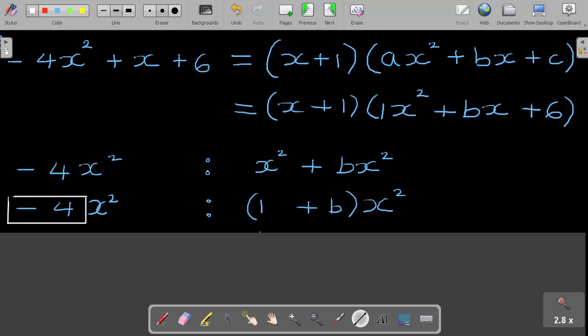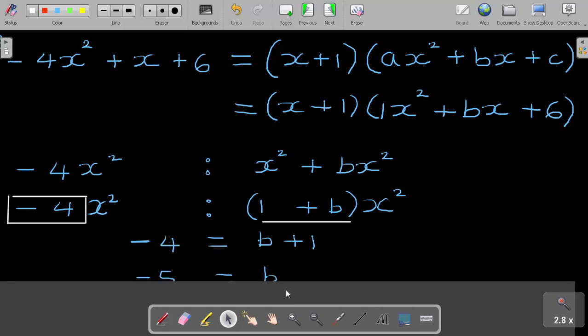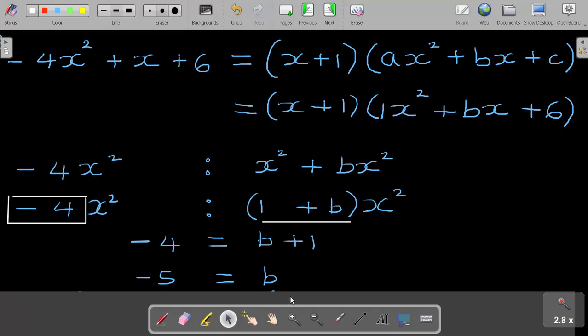So -4 equals 1 plus b, and then I can solve for b. So what's going to be my b? It's going to be b equals -5.